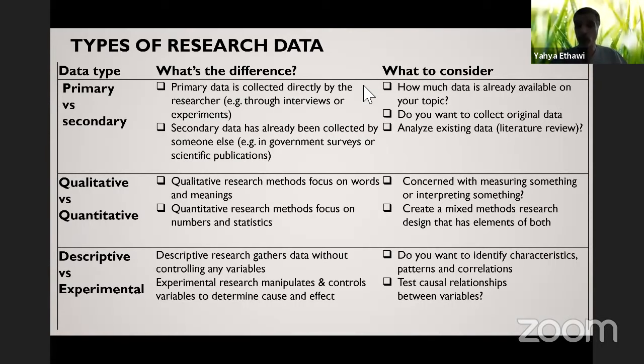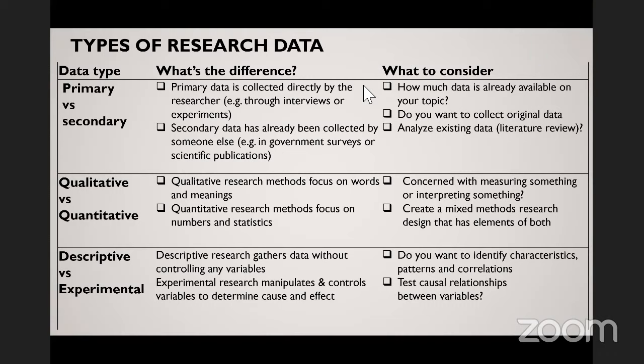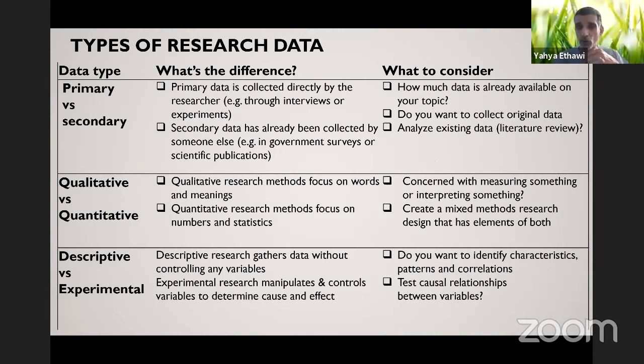If you want to just find the pattern and the correlation, you do descriptive. But if you want to test the cause and relation, then you do experimental. Yes, okay. So we've talked about the aim of the study and type of data. Any questions so far? Okay, let's move to the next.